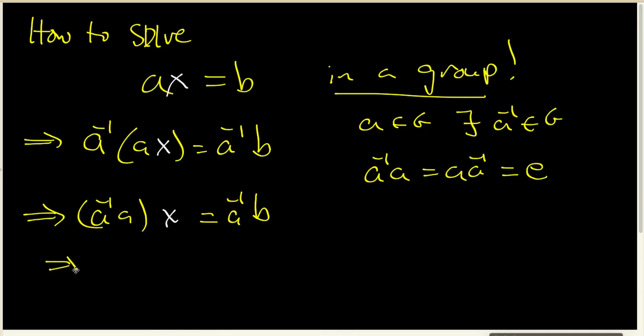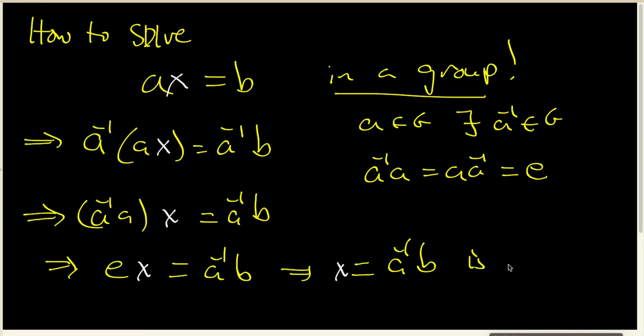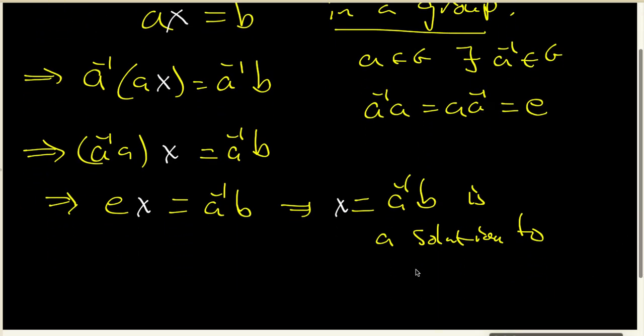Now we're looking at E times X is equal to the element A inverse B, and E times X is just X, so we get that X equals A inverse B is a solution to the equation A times X is equal to B.